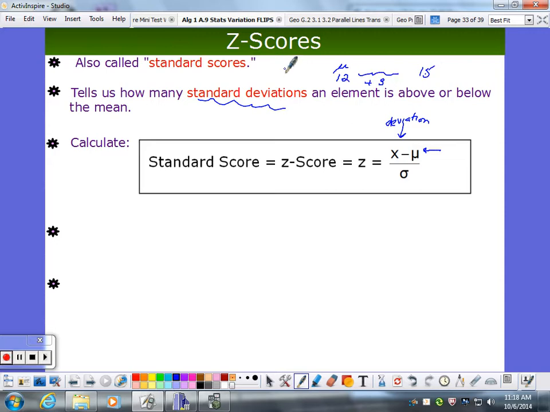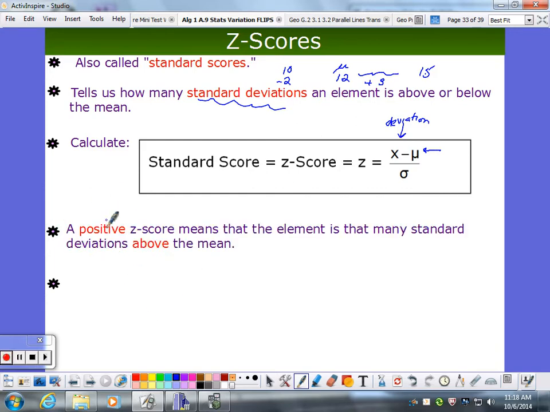If this is a 10, then that's minus 2, right? It's just saying how far above or below. When I divide by standard deviation, now it's telling me how many standard deviations from the mean, not just how many units away. And if you're a positive z-score, that means you're above the mean. And if you're a negative z-score, you're below the mean.